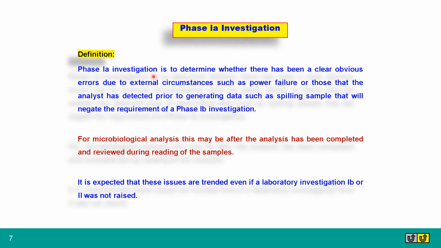Phase 1A investigation is to determine whether there has been a clear, obvious error due to external circumstances, such as power failure, or those that the analyst has detected prior to generating data, such as spilling sample, that will negate the requirement of a Phase 1B investigation. For microbiological analysis, this may be after the analysis has been completed and reviewed during reading of the samples. It is expected that these issues are trended, even if a laboratory investigation 1B or 2 was not raised.